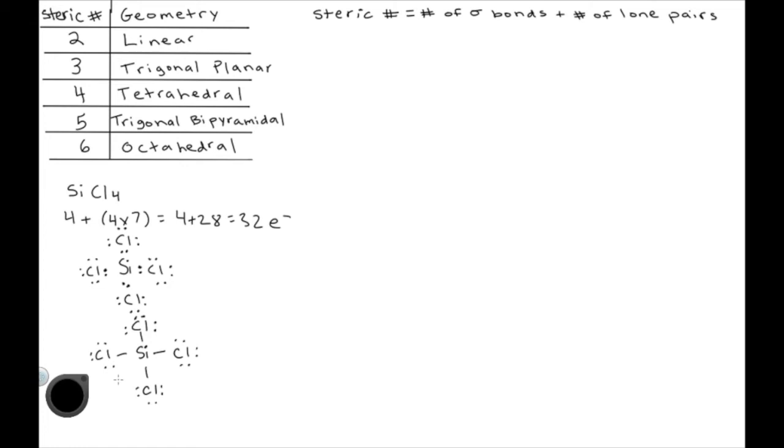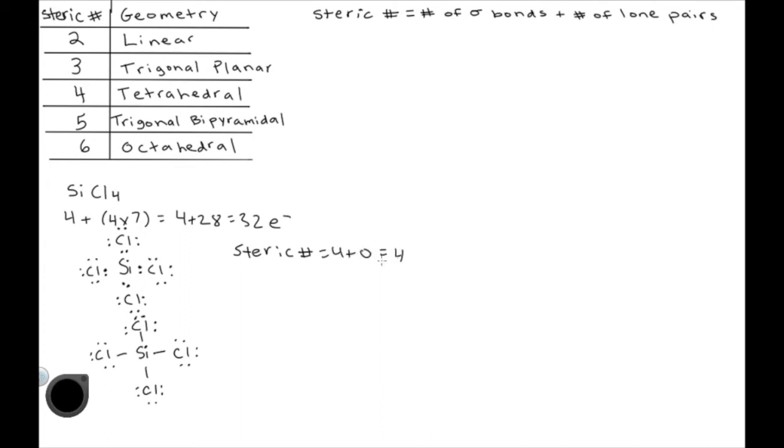Okay, so now looking at the central atom, the steric number is going to be 4 because there are 4 sigma bonds and no lone pairs around the silicon. Right, so our steric number is going to be equal to 4 plus 0 equals 4.